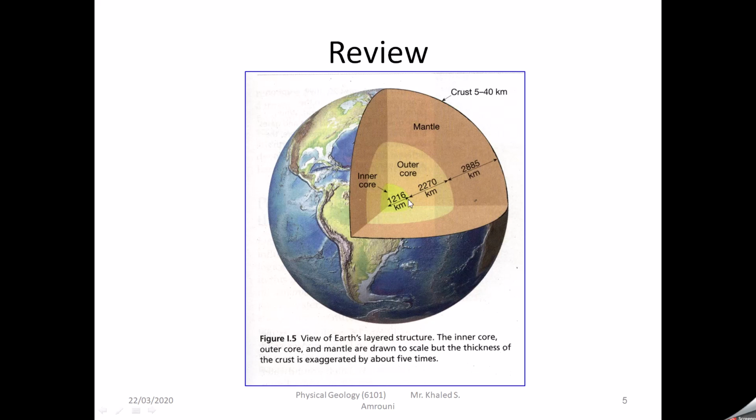The inner core is about 1,000 kilometers in radius, the outer core is 2,000, and the mantle is about 3,000 kilometers. So in total, there's 6,000 kilometers. If you compare it with the crust, which is 5 to 40 kilometers, the crust is less than 1%, almost 0.5% of the total thickness of the whole planet.